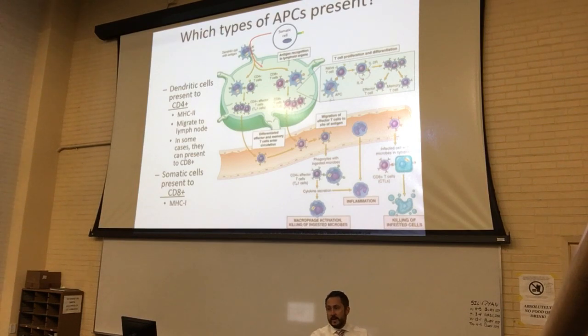So they're going to see that gradient and migrate in. But in order to find it, they first have to be dispersed. So they go into the lymphatics, and from the lymphatics they can migrate out into the vascular system, and they can migrate out from there. Okay.